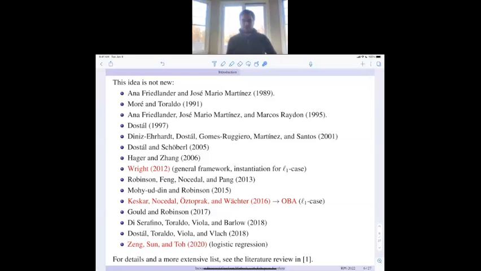In fact, to this point it's still unknown how you can have an implementable algorithm in that setting. There's some other work by Keskar, Nocedal, Öztoprak, and Waechter, but their work focuses on, again, the L1 case. And the last paper I'll mention here is by Zhang, Sun, and To, who were interested in some very similar things as we are, but we're going to see that we've done things very differently.